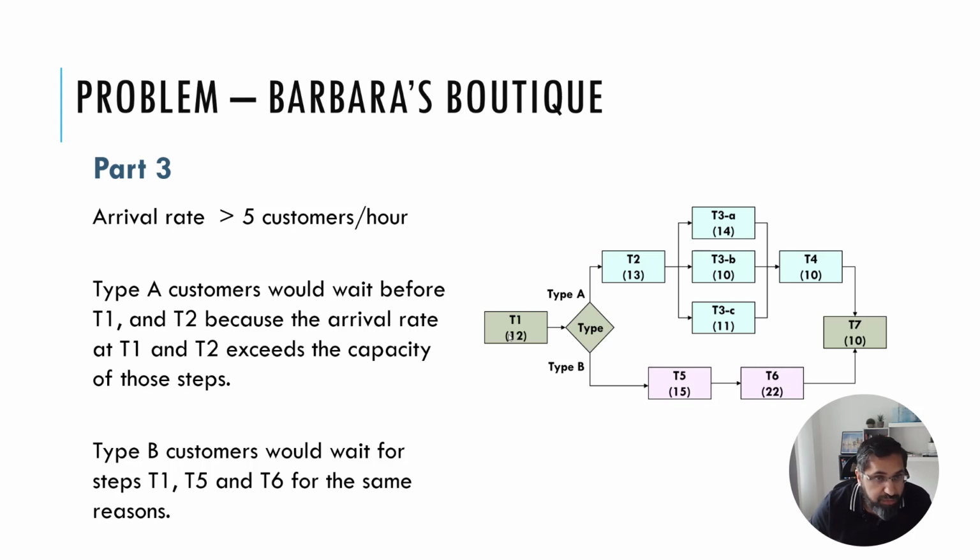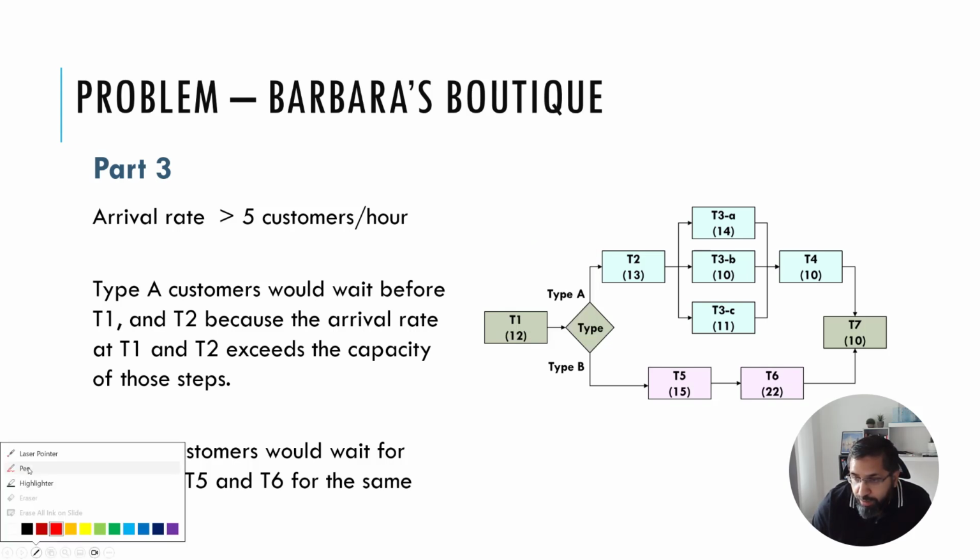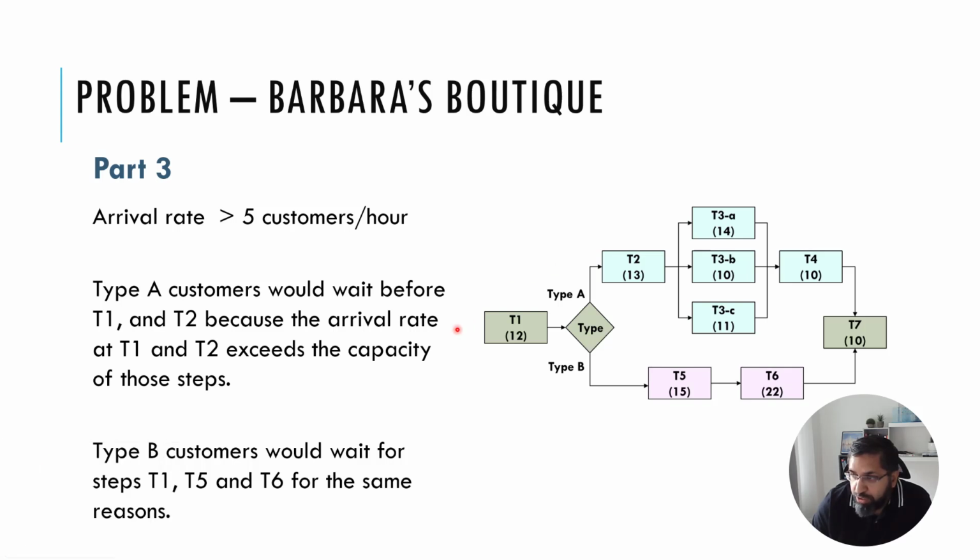It can handle 5 customers per hour, but the load on T1 is what's coming in, which is more than 5. T1 can only put out 5 customers per hour. So a queue will start to form right here.